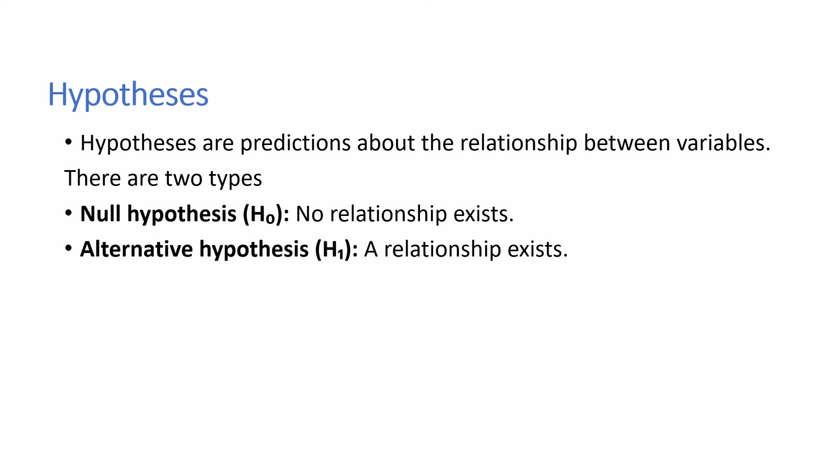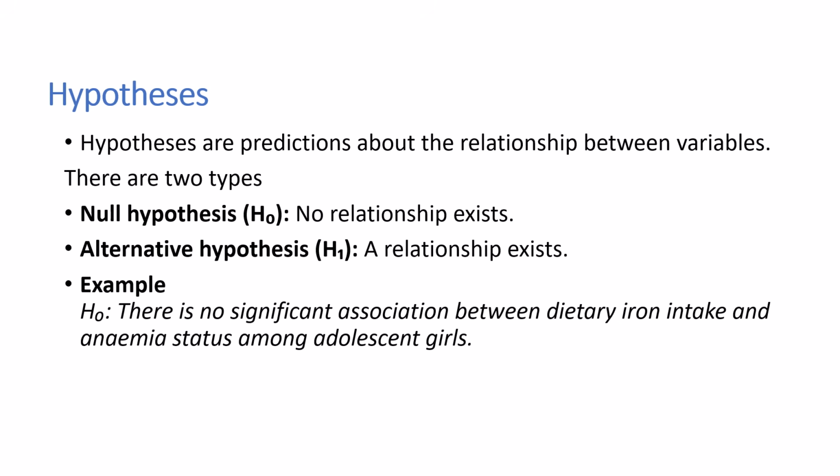Hypotheses. Hypotheses are predictions about the relationship between variables. Except if you are dealing with descriptive data, then you might not need your hypothesis. But as soon as you are looking at relationship between variables, then there must be some predictions. And these predictions are your hypothesis. There are two types of hypothesis.